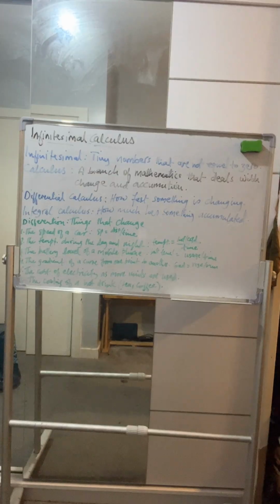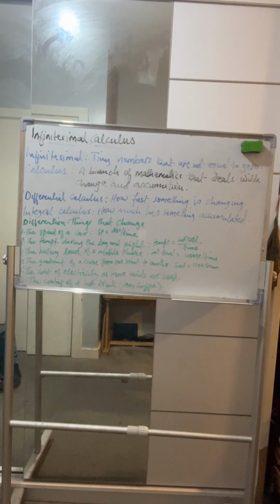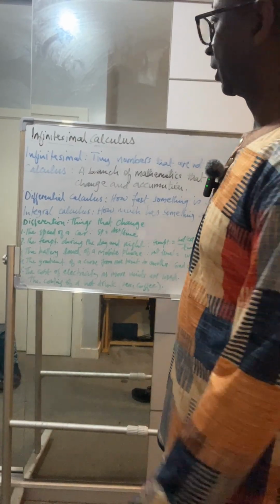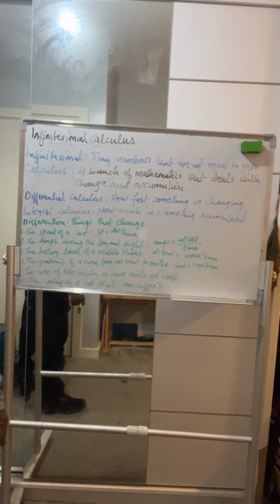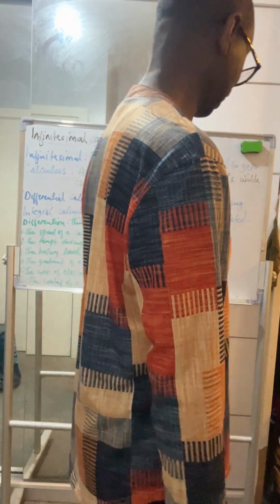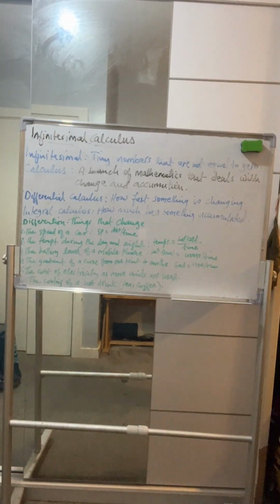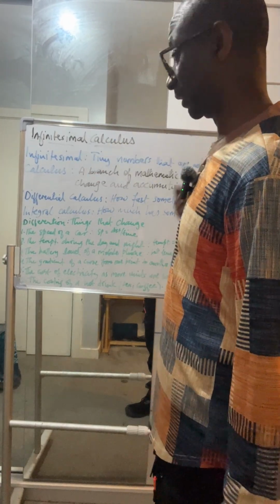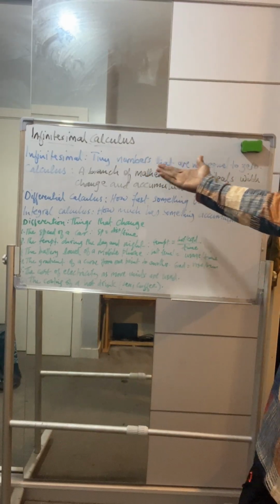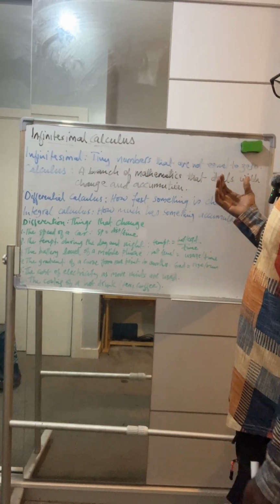Today we are going to look at a branch of mathematics that is called infinitesimal calculus. In short, calculus. People just say calculus. That is the name they call it, but its actual name is infinitesimal calculus. Infinitesimal simply means tiny numbers.